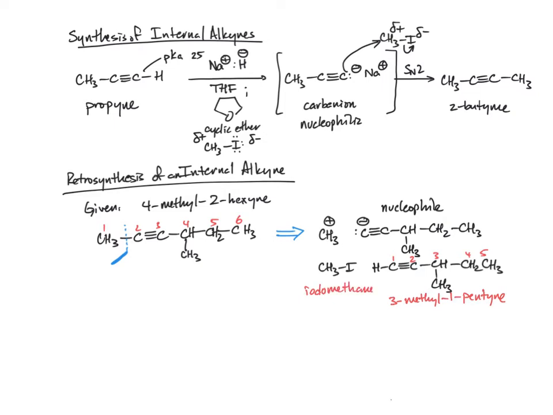So as we saw above, we can take this terminal alkyne, deprotonate it, and then add in this electrophile. So the carbanion attacks the electrophilic carbon. We form that bond, and then we end up with the desired product.